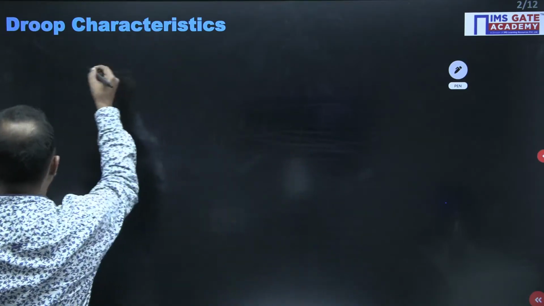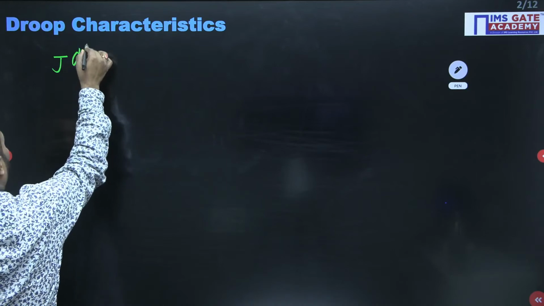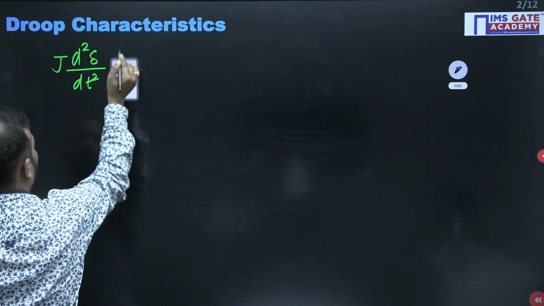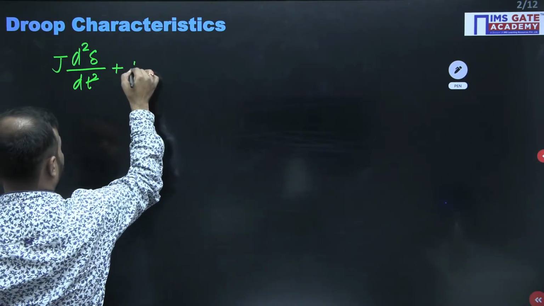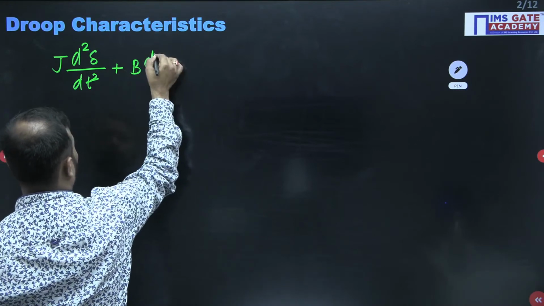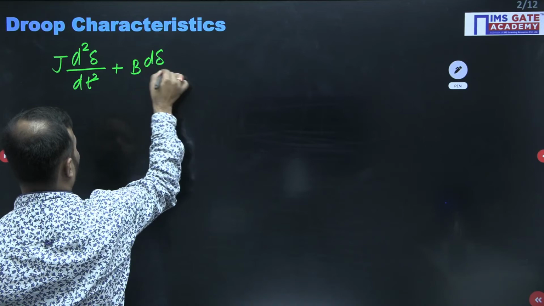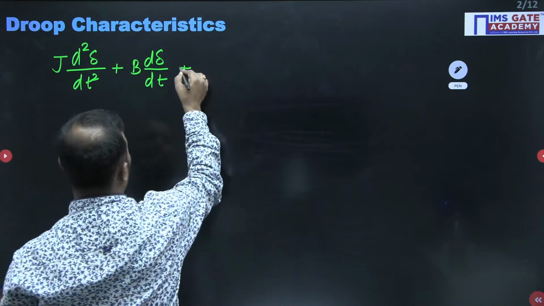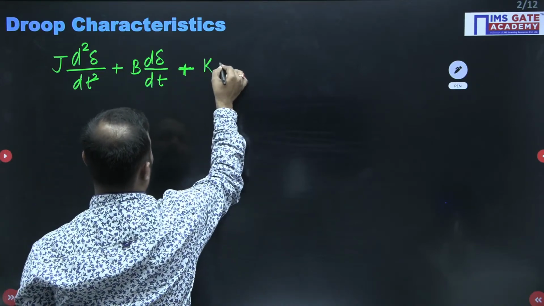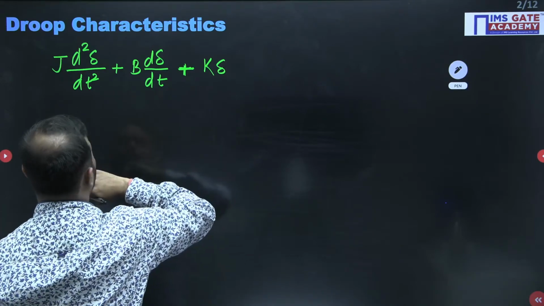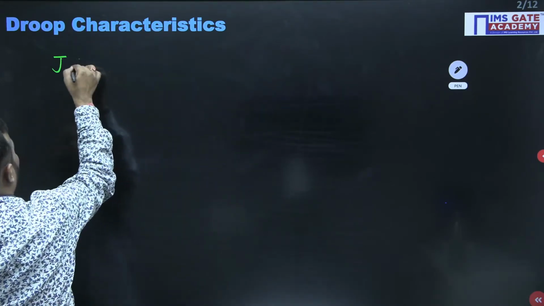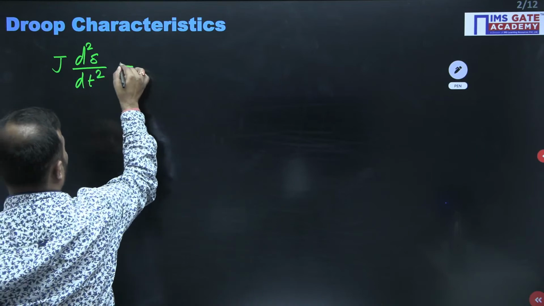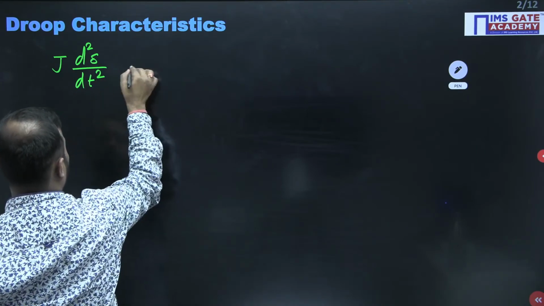Let me write here J d square del by dt square plus B del by dt, where del is the load angle, and let me write it in terms of speed, ignoring the other terms.